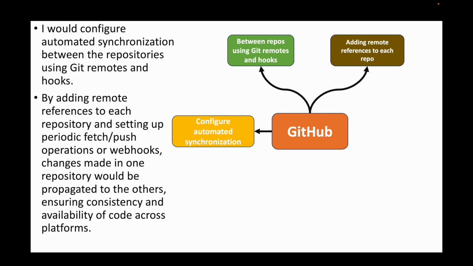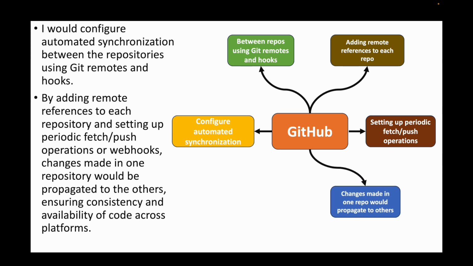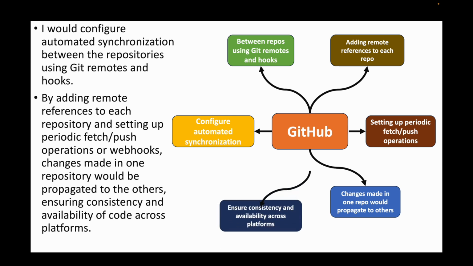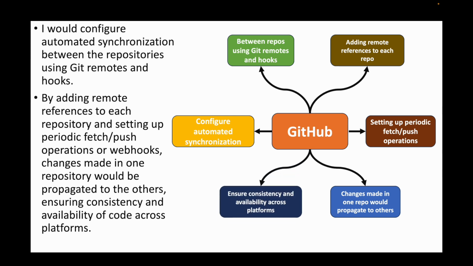Now, by adding remote references to each of the repositories and setting up periodic fetch or push operations or webhooks, changes made in one repo would be propagated to other repositories, and this will ensure we have consistency and availability of code across platforms.